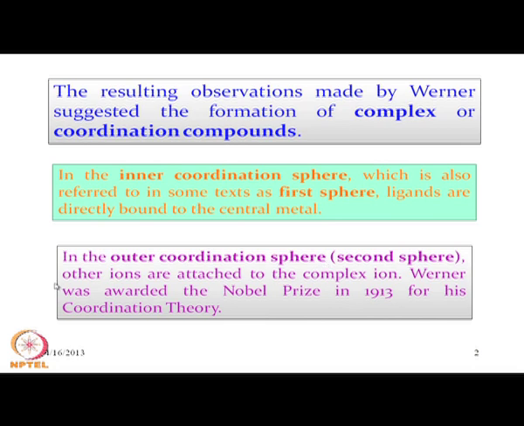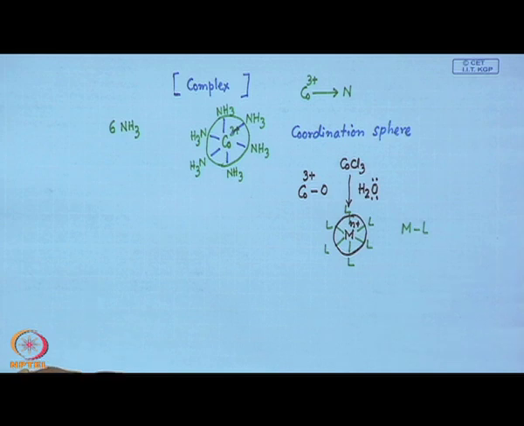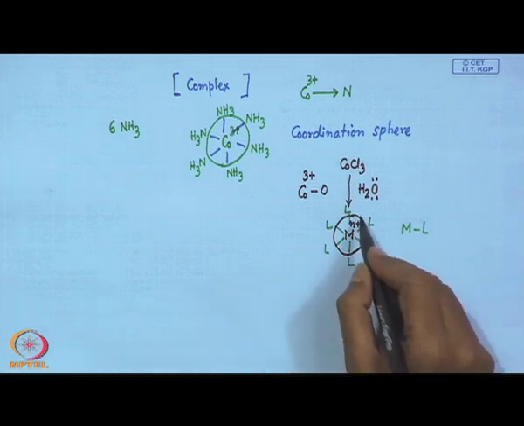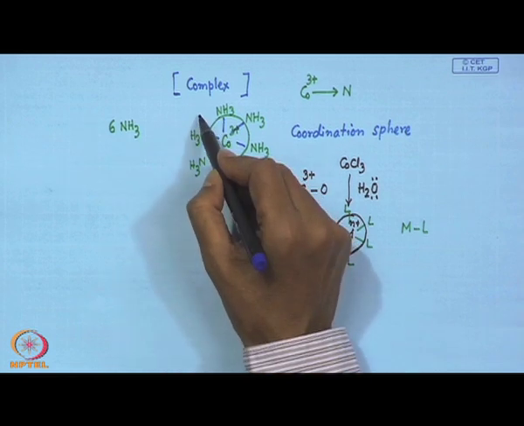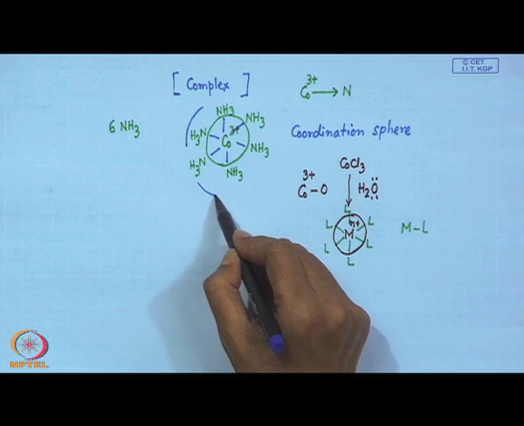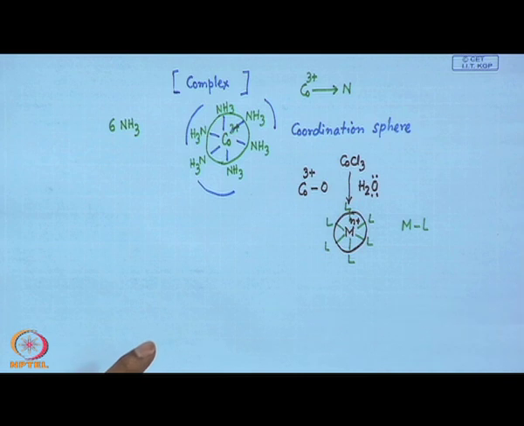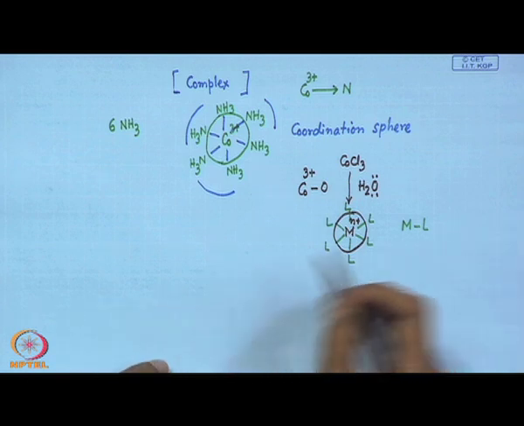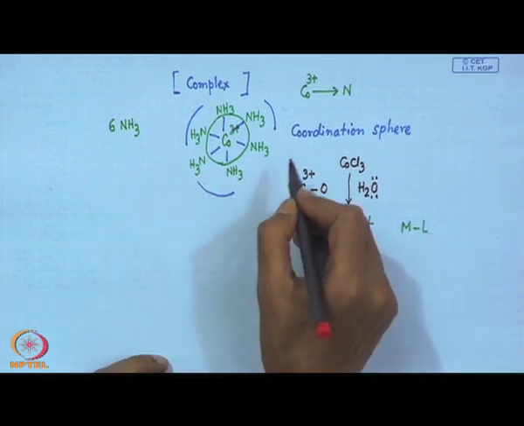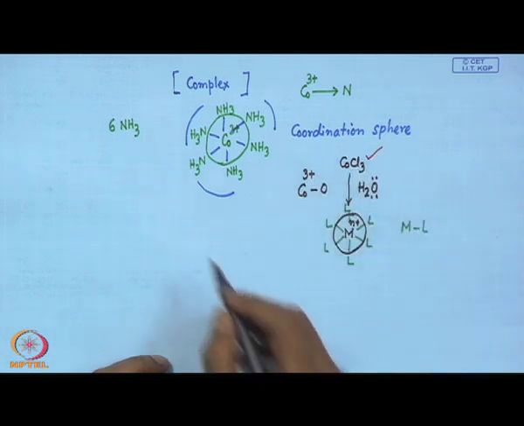In the second sphere, other ions are attached to the complex ion. That means we already had this Cl minus. So, in the first sphere, which is forming the direct coordination to the metal center, we have another layer at this particular point, and these layers will give us some information that we have the corresponding Cl minus ions.